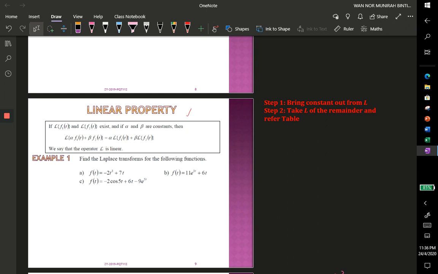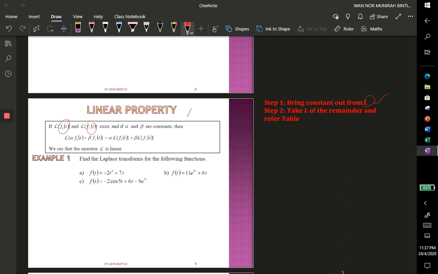So, linearity property: if you are given functions f1 and f2, where f1 and f2 are functions of time, and you have alpha and beta, which are constants, then when you want to take the Laplace transform of that function, you need to bring the constant out from your Laplace operator.